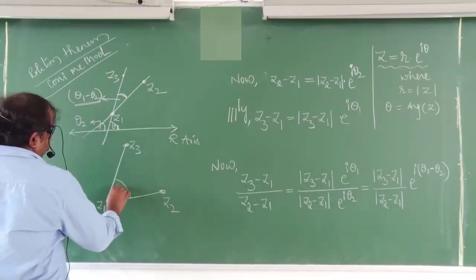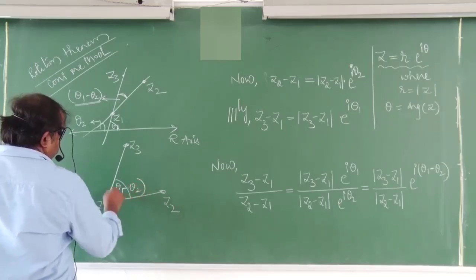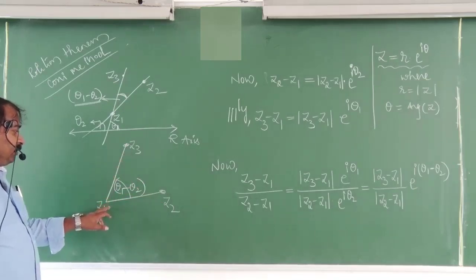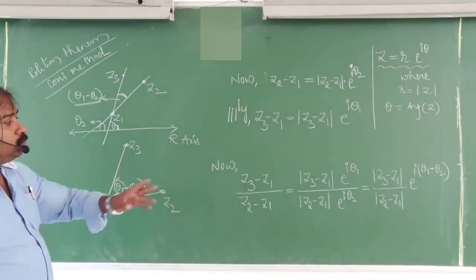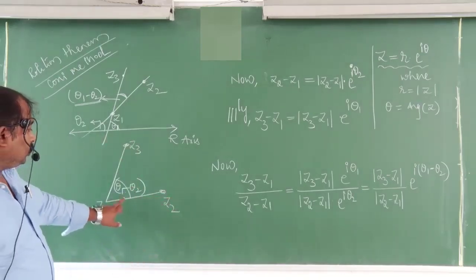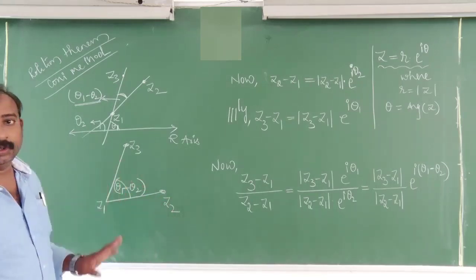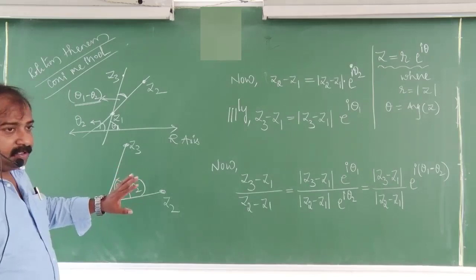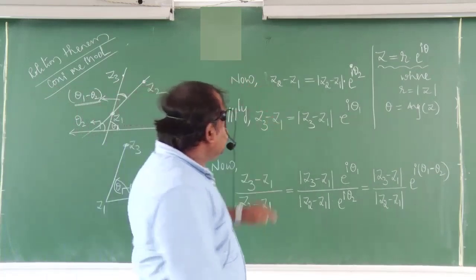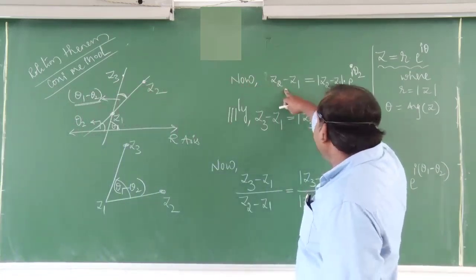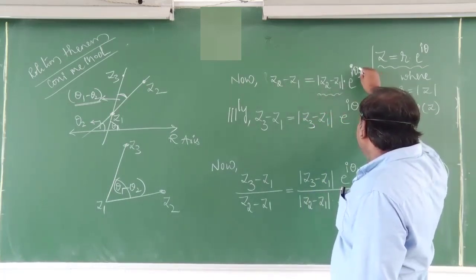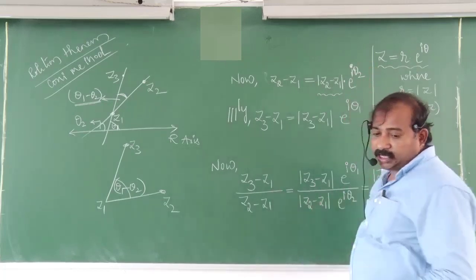If theta 1 minus theta 2 is the angle, then the relation is Z3 minus Z1 by Z2 minus Z1 is equal to modulus of Z3 minus Z1 by modulus of Z2 minus Z1 into e power I theta 1 minus theta 2. That's it. This is the concept. For this I explained the diagram, and one more point is that any complex number can be represented by its modulus value and its amplitude value. Based on this, this is the concept.